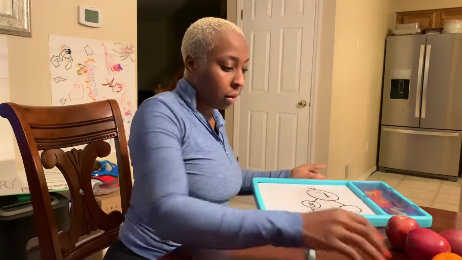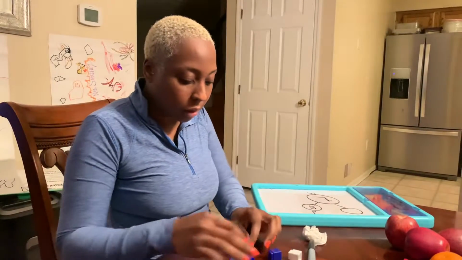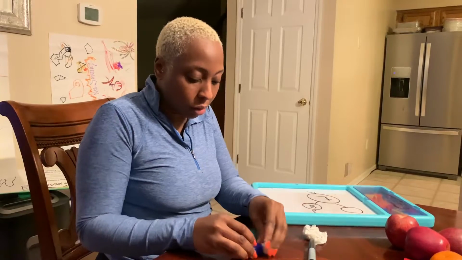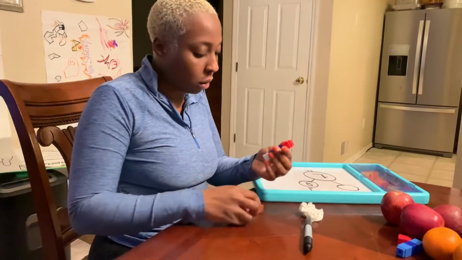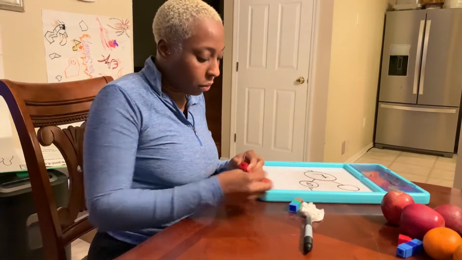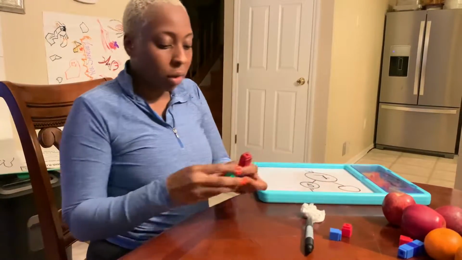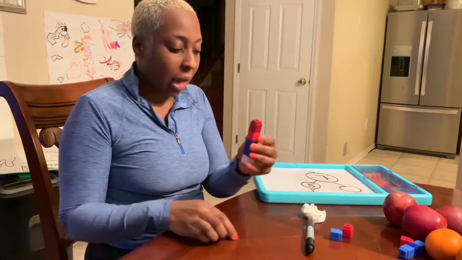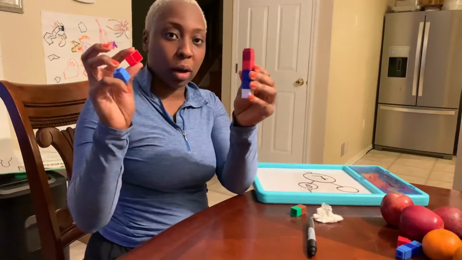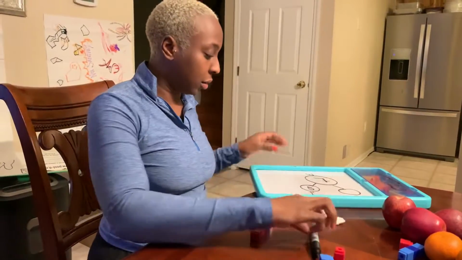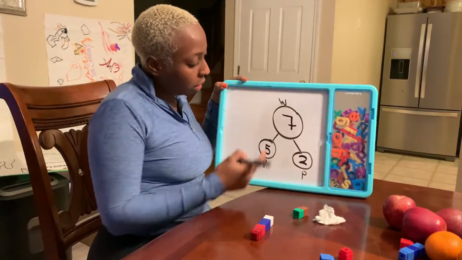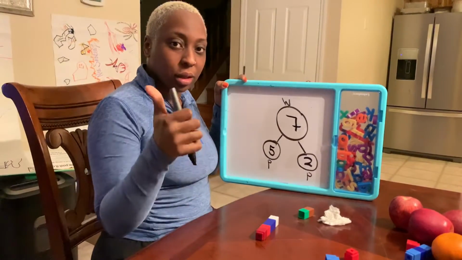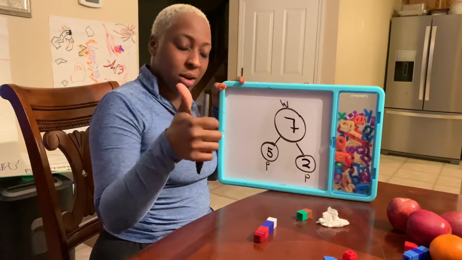Okay, let's use our cubes. So if I have 5 cubes, I can add 2 more to get 7. Okay, so 5 and 2 gives us 7. Do you guys agree? I know you guys do.